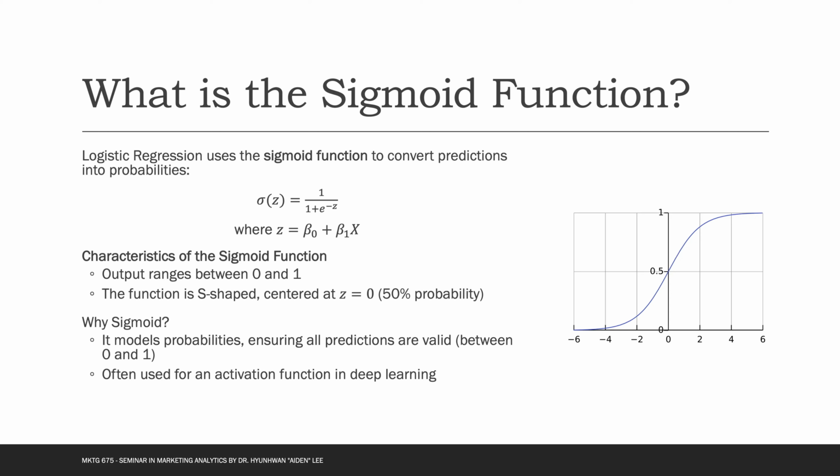This behavior is exactly what we want because it guarantees that every prediction from the model stays between 0 and 1, so we can interpret it as a probability. The same sigmoid curve is also used in many deep learning models as an activation function for binary classification.